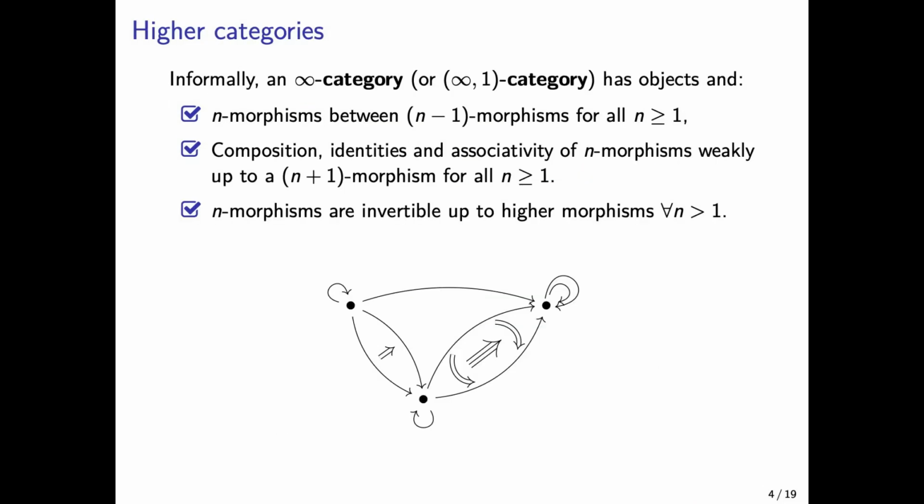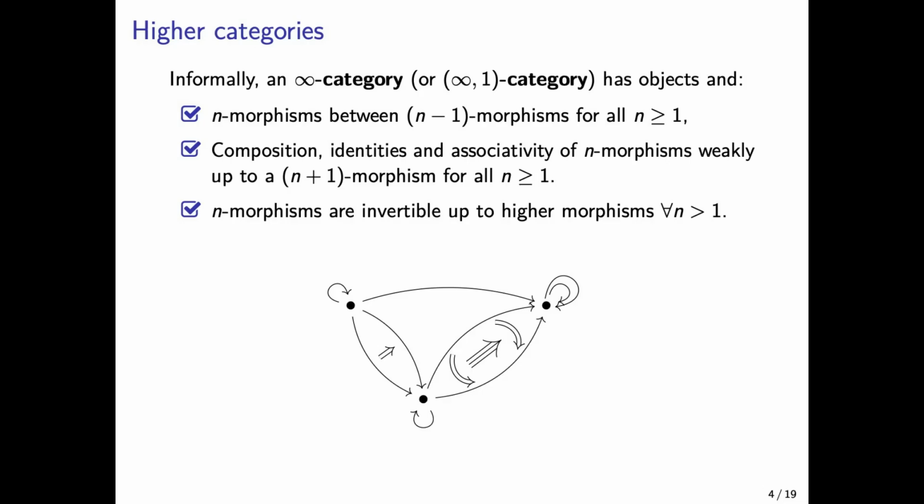The last ingredient of my work is infinity categories. This is a one-slide introduction for anyone who doesn't know anything. This is not a definition of infinity categories, because we need to choose a model, but it is an abstract idea: we have a collection of objects and then a collection of n-morphisms between (n-1)-morphisms for all n.